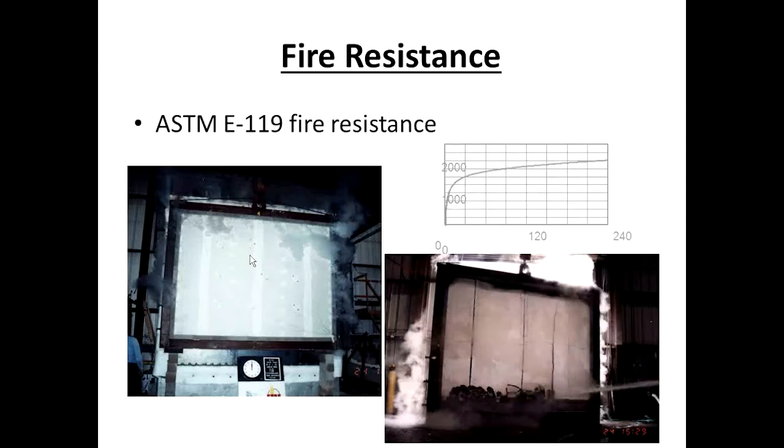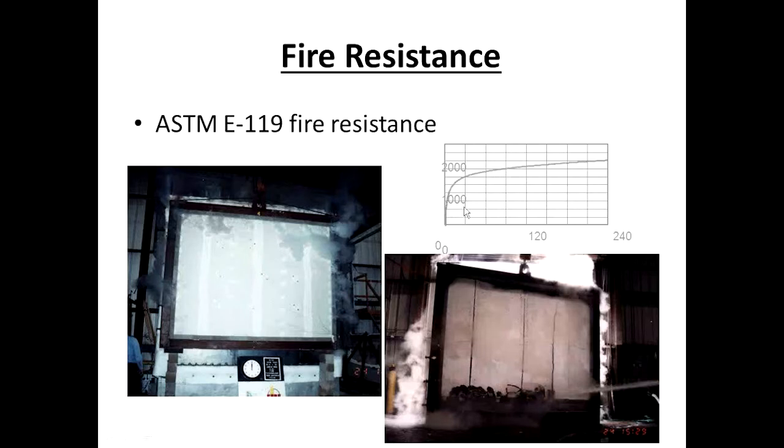On the vertical, you're looking at degrees in Fahrenheit. The thing to remember here is it's a very radical rise in temperature. Within the first 5 minutes, the temperature exceeds 1,000 degrees within that furnace cavity. Anyway, 1,000 degrees, first 5 minutes.